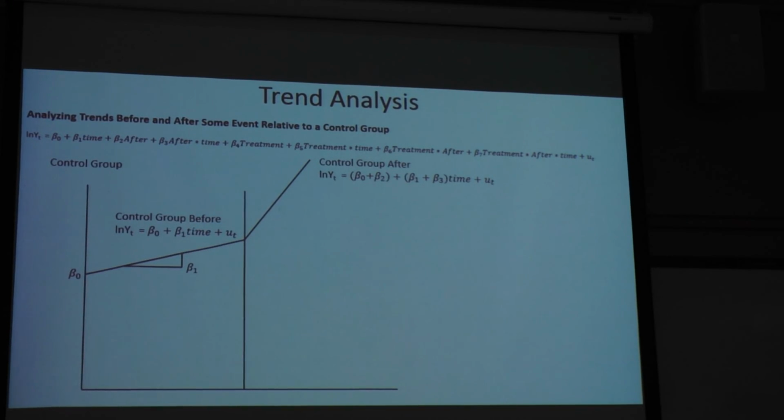After the treatment, the control group equation boils down to that, which again we derived through, not algebra, we didn't solve for anything, we just collected terms. I'm not sure what that's called, basic mathematics.